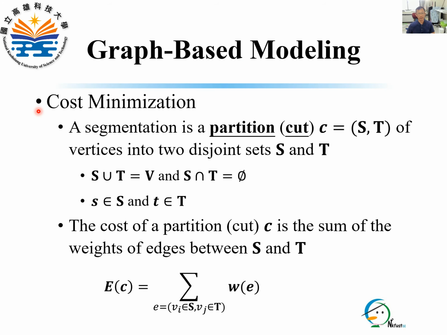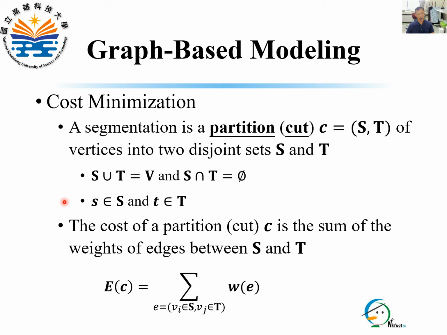Under such cost definitions, the segmentation problem can be formulated as a cost minimization problem. Specifically, a segmentation is a partition, or cut, of all vertices V into two disjoint sets, capital S and capital T. This means that the union of the sets S and T equals V, and their intersection is empty.